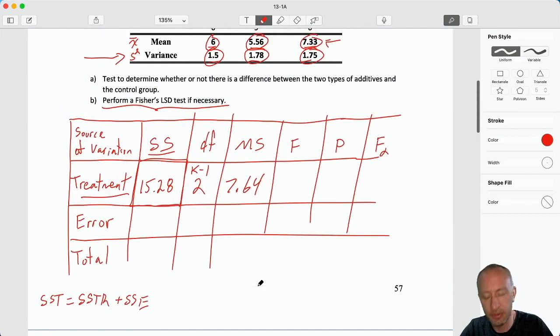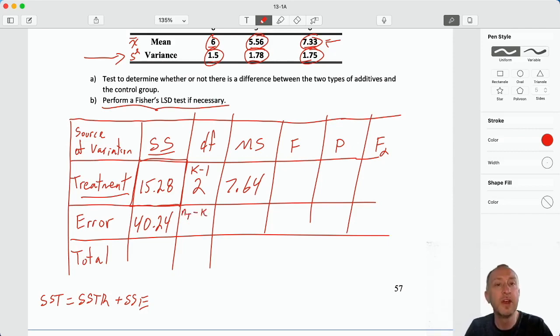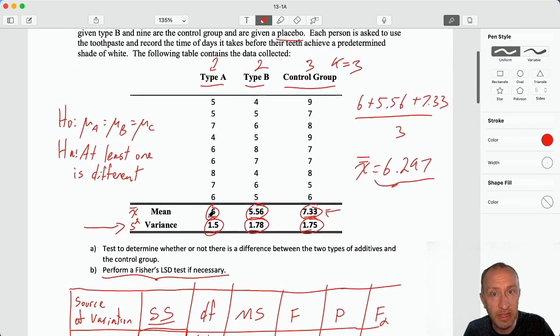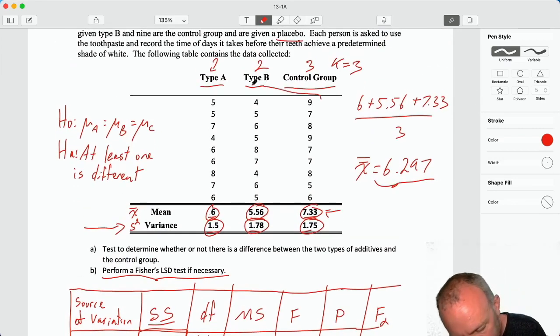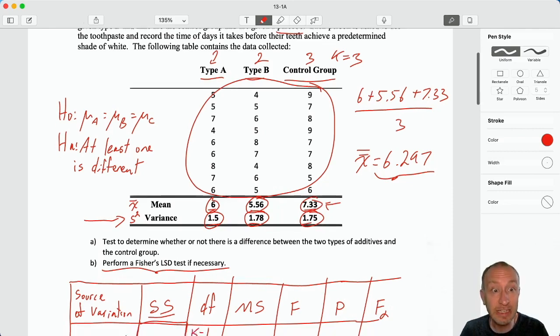Okay, 40.24, back up here into my table. Degrees of freedom for error is NT minus K. NT is the number of observations. So in that whole data set, I have 27 observations, 3 times 9, minus 3 treatments.